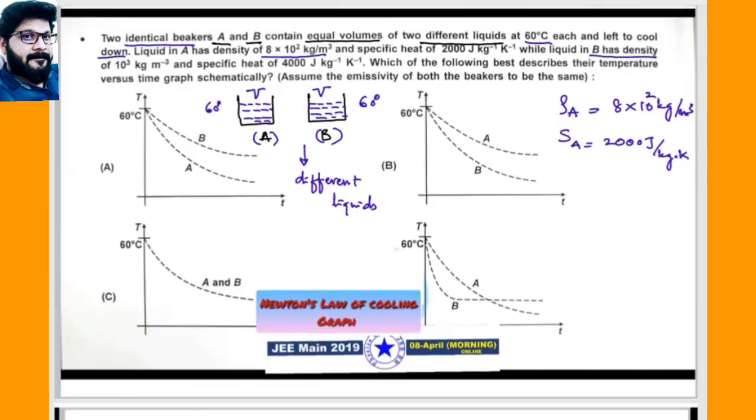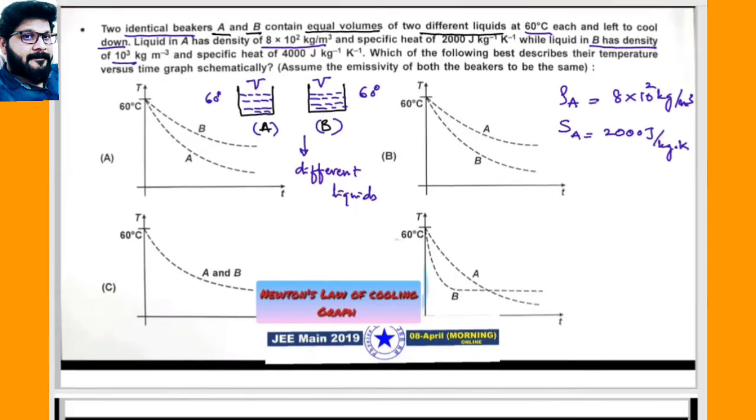So the density and specific heat of A are given, and for liquid B the density is given: density of B equals 10 to the power of 3 kg per meter cube, and specific heat of B equals 4000 joule per kg Kelvin.